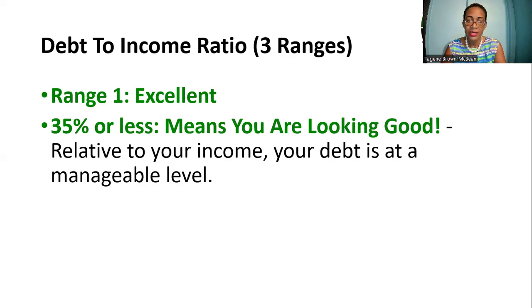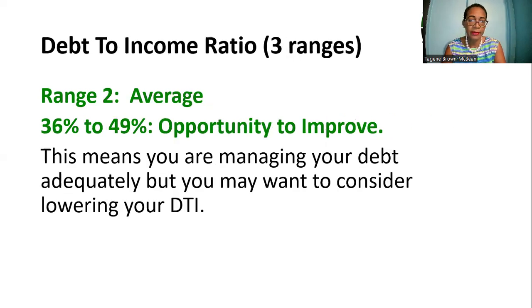And what we are showing you, the different levels, range 1, range 2, range 3, is a guide of what is best practice in the financial industry. All right. So range 1, Mary falls under excellent, easy peasy. She goes to apply for a loan, all is well. She gets through, not a problem.